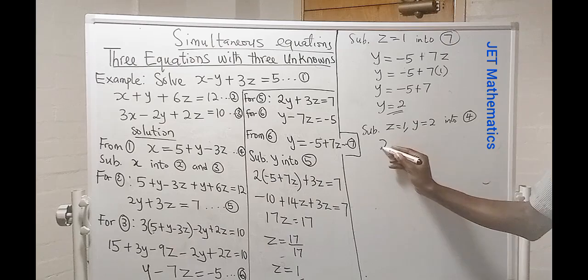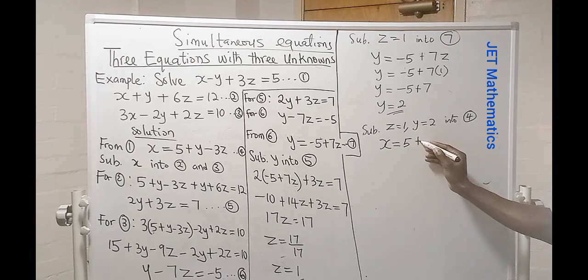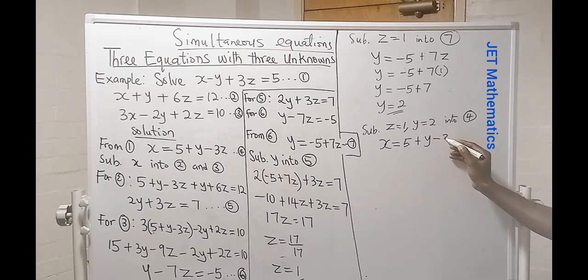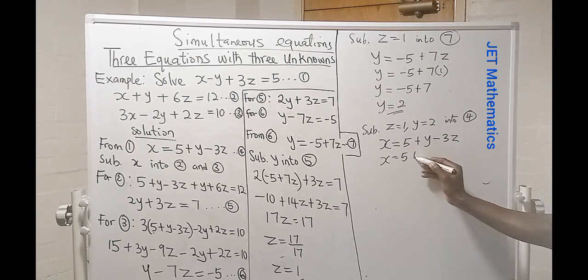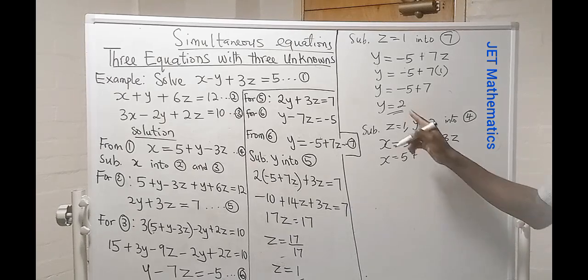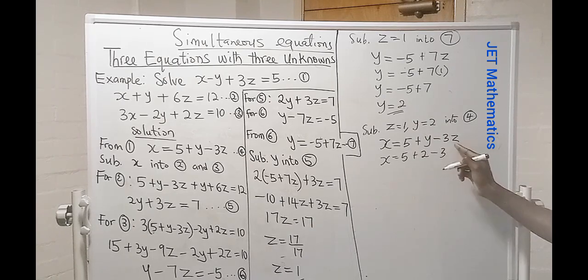Recall equation 4: x is equal to 5 plus y minus 3z. So x is equal to 5 plus our y, which is 2, minus 3 times our z, which is 1.